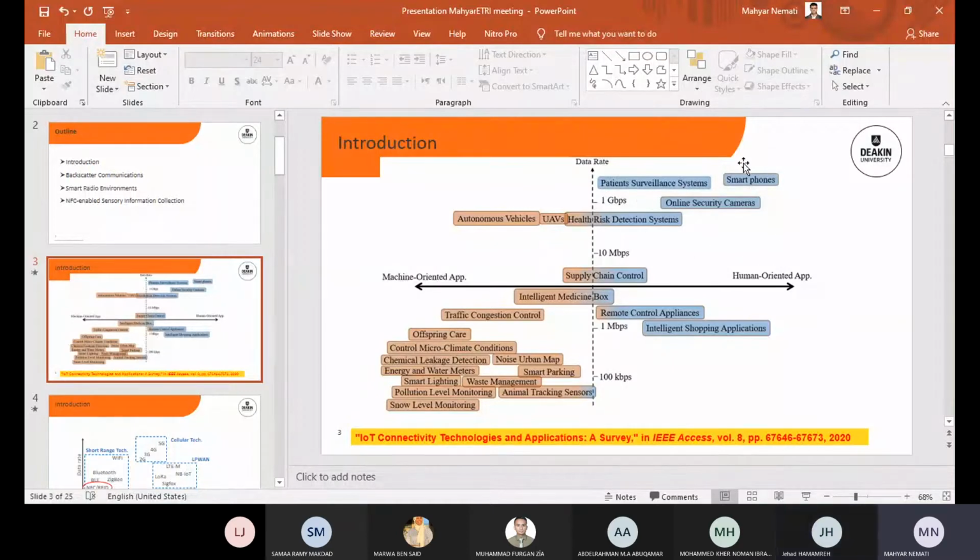When we move toward human-oriented applications, we have smartphones, which require high data rate communications. And when we move toward machine-oriented communications, we have applications like energy and water meters, smart parking, pollution level monitoring, or even waste management.